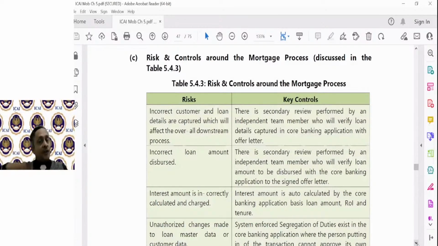Why is it being taught along with the core banking system? Because today banking operation is system driven, so all this risk analysis has to be done through the system itself. This is also relevant and pertinent to your discussion in audit. These are good examples which you can always carry in terms of lapses of internal control, deficiency of internal control.